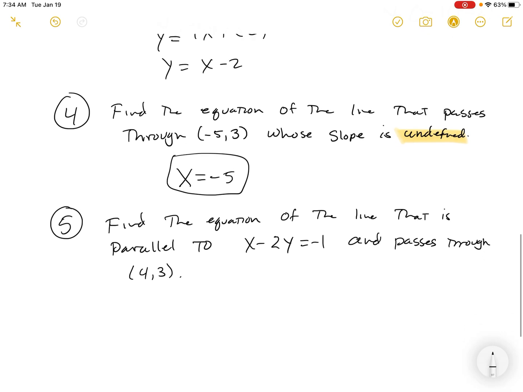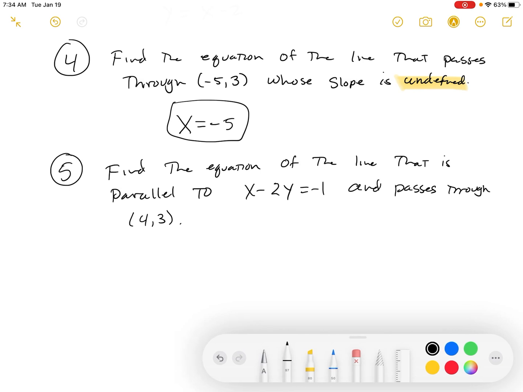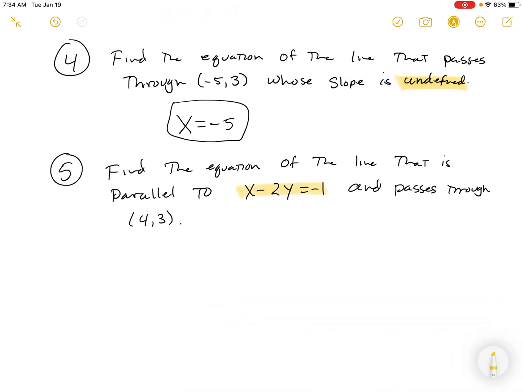Okay, so let's do that. If we want it to be parallel to x minus 2y equals negative 1, again, I could find this problem in beginning algebra and also in intermediate algebra. We're going to use the equation of the line to determine the slope. That's all we want from this, the slope of that line.